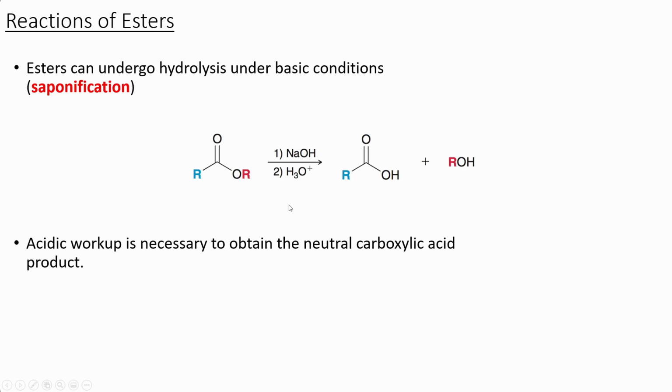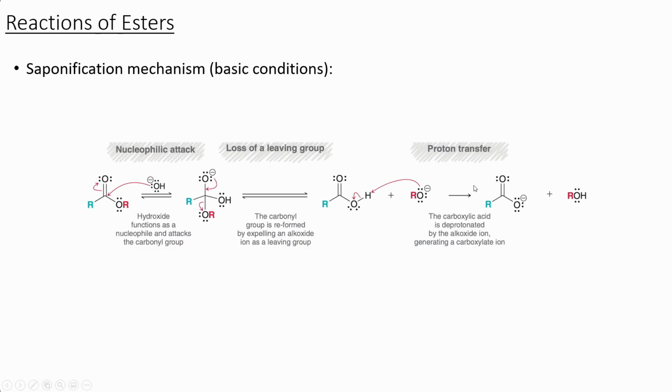An acidic workup is necessary to obtain the neutral carboxylic acid product. The mechanism for this reaction will be consistent with the mechanism for nucleophilic attack under basic conditions. Our first step will be nucleophilic attack, followed by collapse of the carbonyl and ejection of the leaving group, and then a proton transfer to form the carboxylate anion.